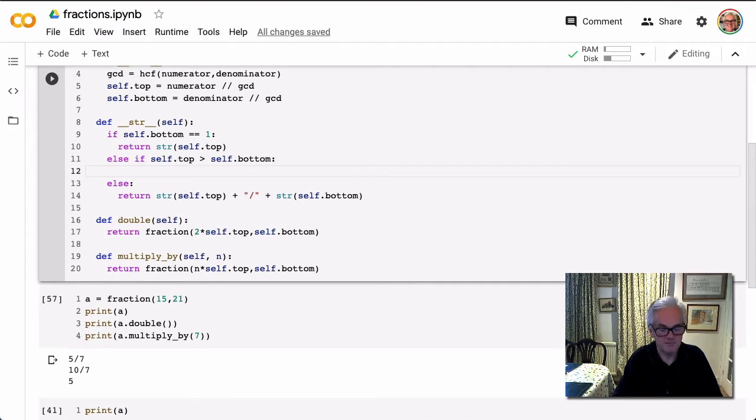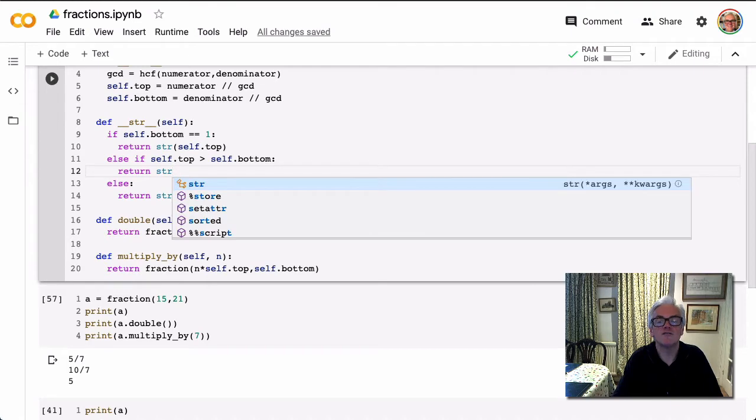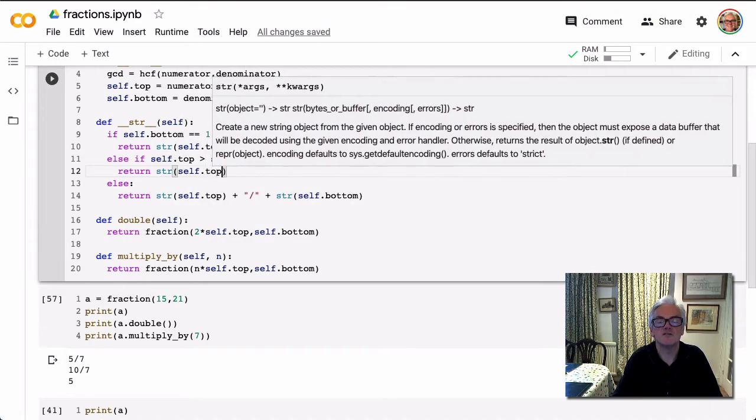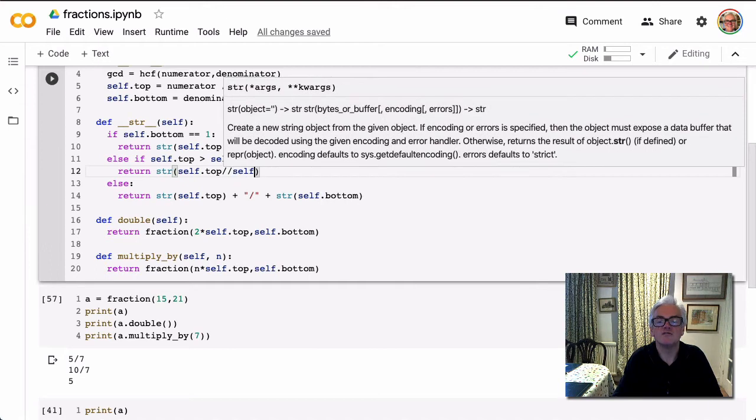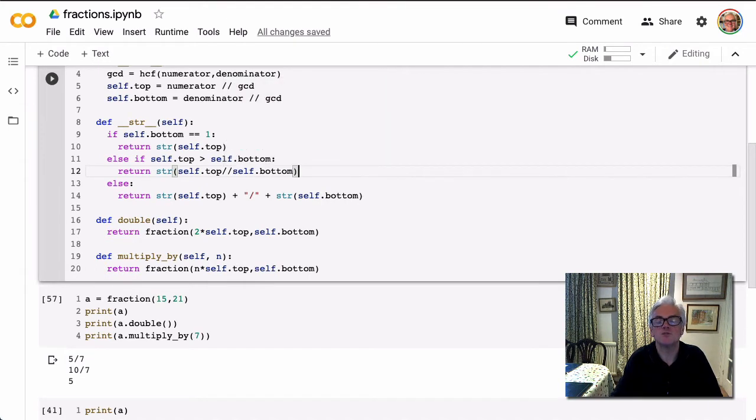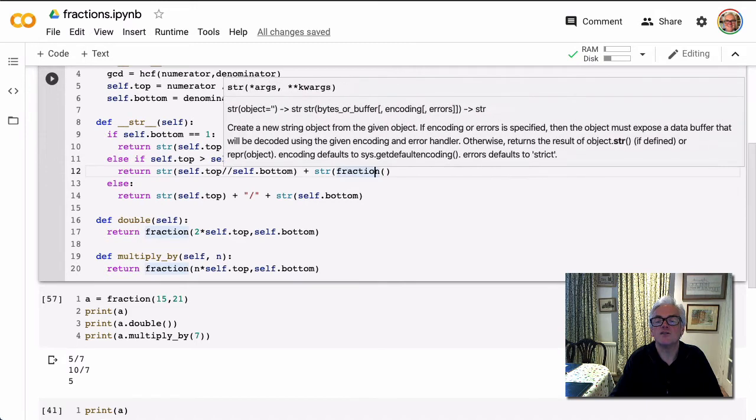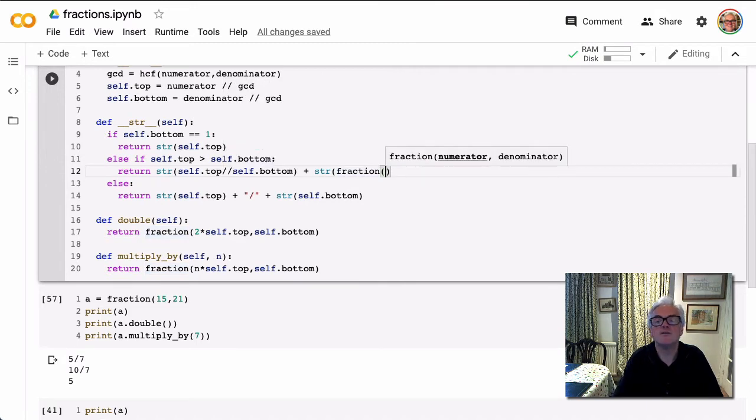Then we return the string version of the true division of self.top by self.bottom. So how many times does the bottom go into the top? Plus the string version of the fraction you get when you replace the numerator with the remainder.